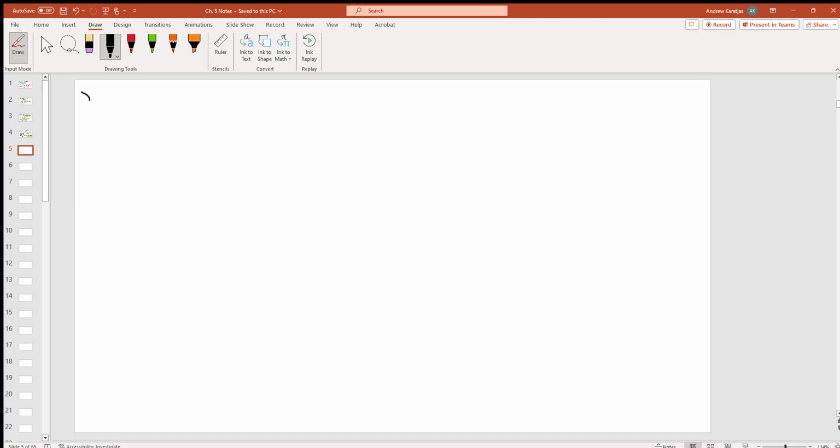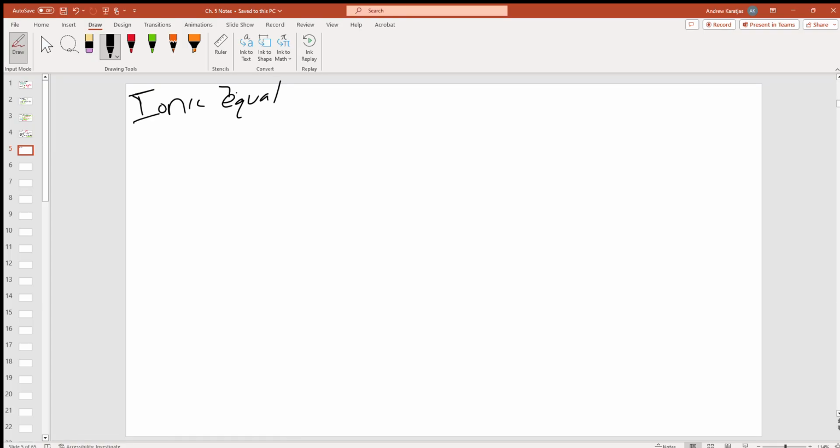So the ionic equation is the longest of the three because it's going to show all of the individual ions. So we take what we had on the previous page. Lead nitrate, for example, fully dissociates.